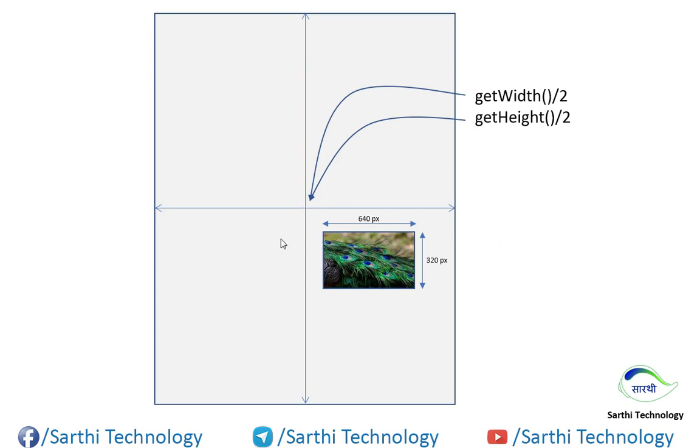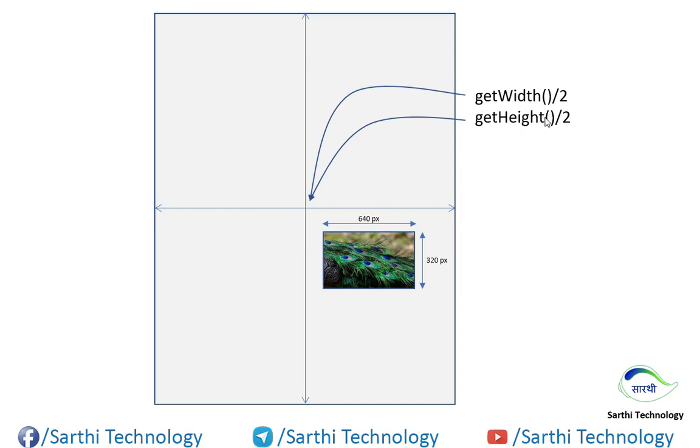So the x position will be get width divided by 2 minus half of the image width. In this case the width is 640, so its half will be 320. So get width divided by 2 minus 320. If we subtract 320, this image will be placed here. The same we will use for height.